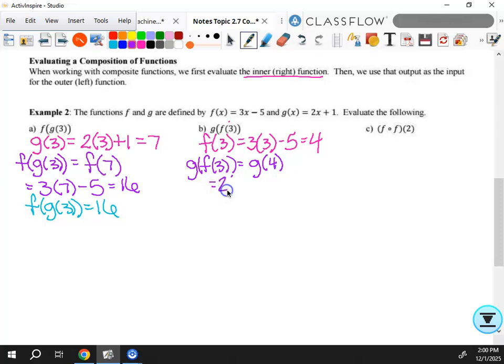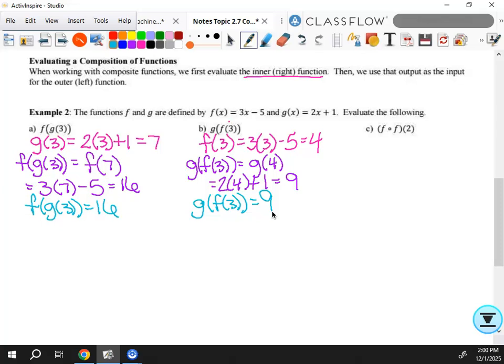That's going to give me 2 times 4 plus 1, which is 9. So g of f of 3 equals 9. So if you didn't believe me with the Oreo cookies, you can see that doing it the other way, you don't get the exact same numbers. Again, it is totally possible that it may happen depending on the function, but not a given for sure. Okay. Any questions at all?